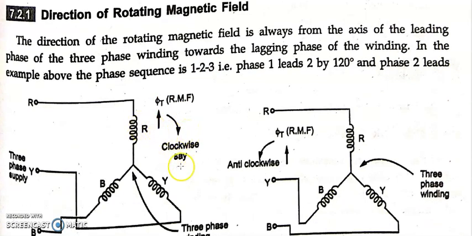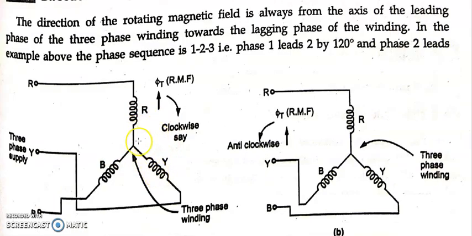If I have the phase sequence RYB, then each phase is electrically displaced, that is, there is a difference of 120 degrees between all three phases. In this picture, the phase sequence RYB is rotating in the clockwise direction, meaning the phasor is rotating clockwise. Here it is rotating anti-clockwise.